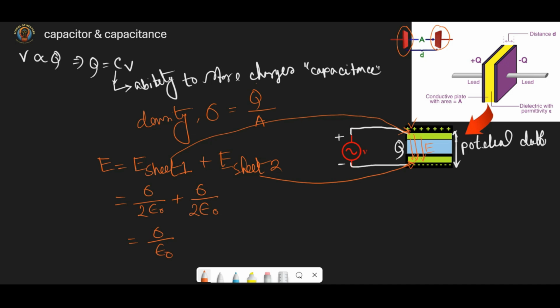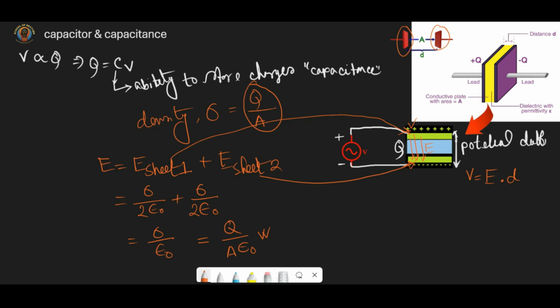And if we plug in the value of sigma here, the total electric field will be Q over A epsilon naught. So this is the value of the total electric field. As there is a uniformly developed electric field, the potential difference will be the electric field times the distance.